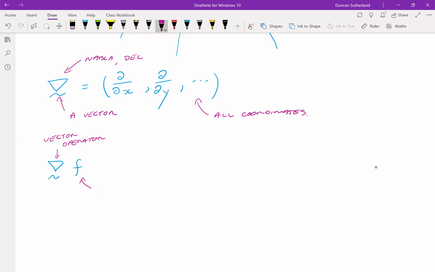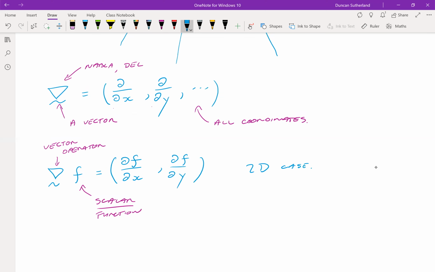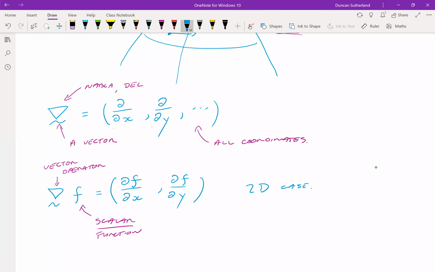Applied to some scalar function. And that is equal to, obviously, just, so if you like, this grad, we call this grad of f.